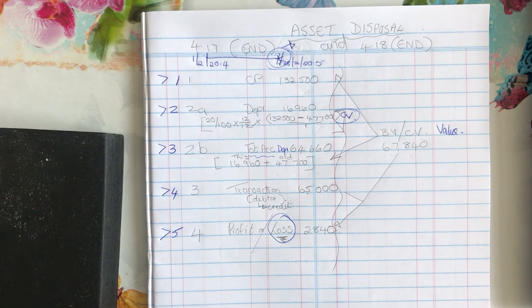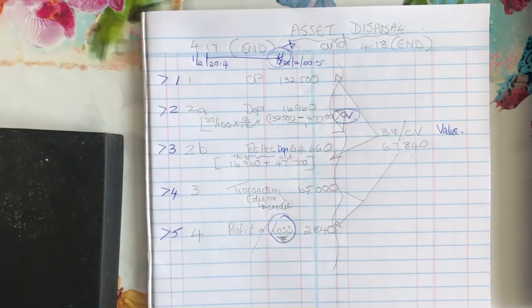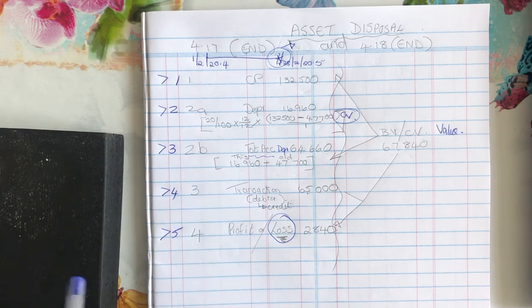And if you go to your textbook, they ask you to show the double entries for vehicles. You must do vehicle, accumulated depreciation, asset disposal, loss on sale, and depreciation. So you're going to use all of these double entries. You're going to fill them in.